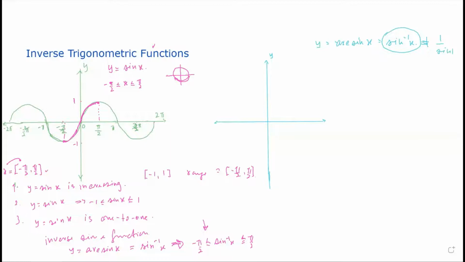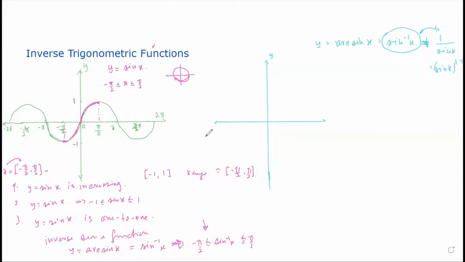These have different meanings. This represents the inverse sine function, but 1 over sine x means sine x to the power of negative 1. So it's not the same meaning.